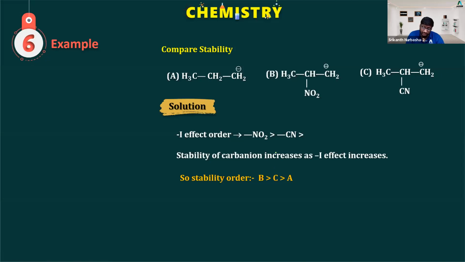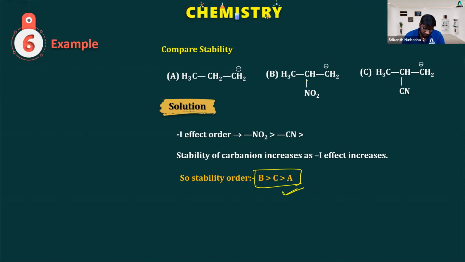So B greater than C, greater than A will be the order of stability. Electron withdrawing groups remove electron density, decreasing the charge, which means increasing the stability. So based on that, you can write the stability order. What you have to do is remember the plus I effect order and minus I effect order, whatever order I have given, so that you get the idea of which group is a better electron donor and which is a better electron withdrawer.